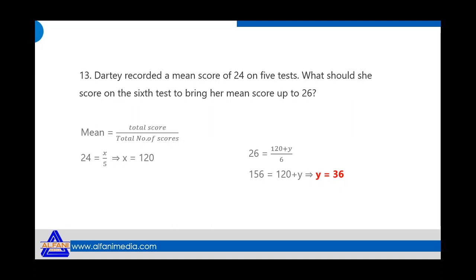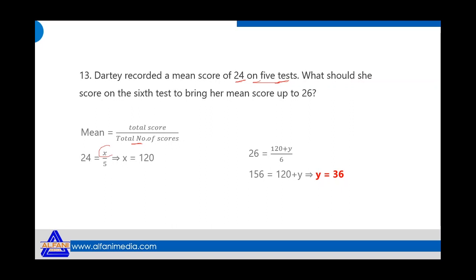She had a mean score of 24. That's the first instance, and her total number of tests was 5. So I know the total number of tests, which is 5, but I don't know the total score, so I have to look for it.